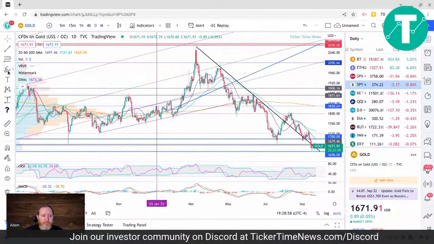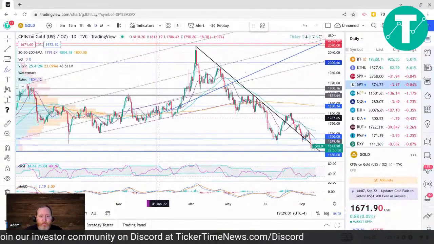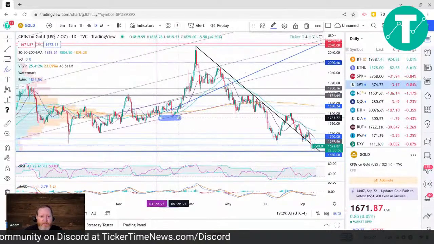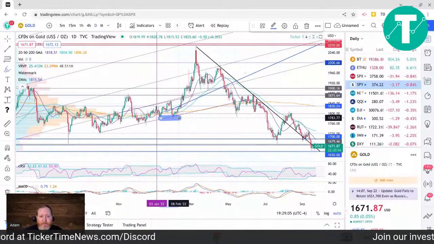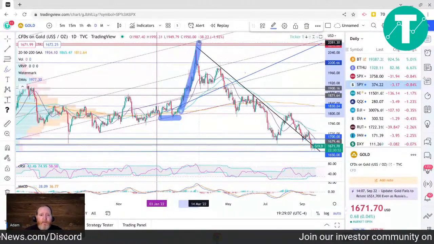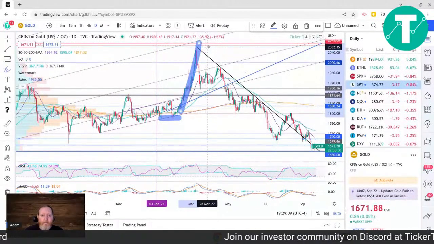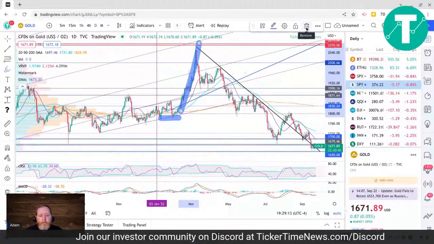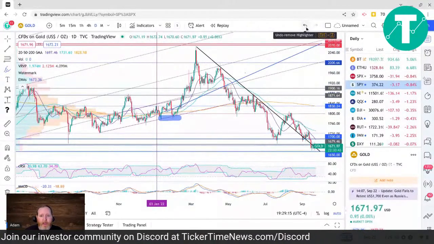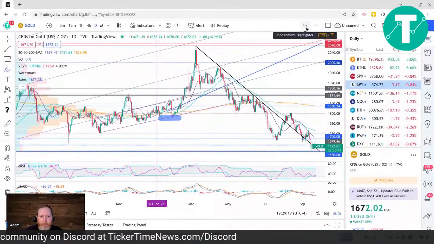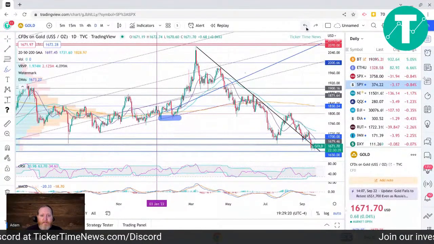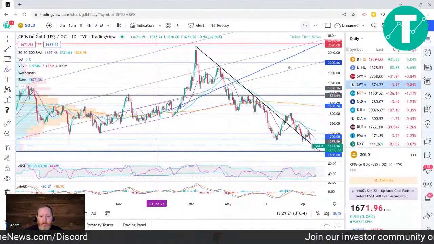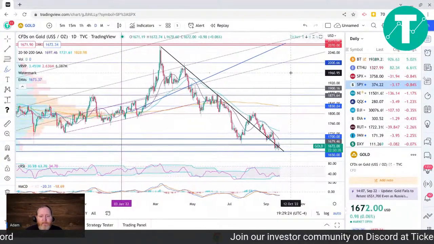When Russia invaded Ukraine, gold was down here at about $17.80 an ounce, and it shot all the way up to $2,070 an ounce. Gold thrives in chaos. But since that chaos has subsided, gold has been coming back down.